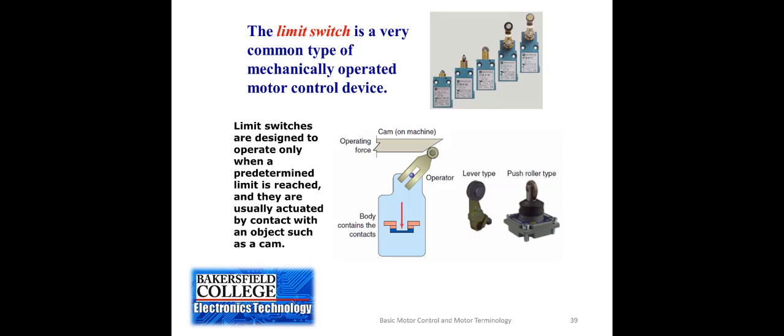And then it also has a certain type of operator. It could be an operator that is a roller or a lever that basically goes in and out of the limit switch body. It could be a lever that moves left and right, and that causes the contact to open or close.